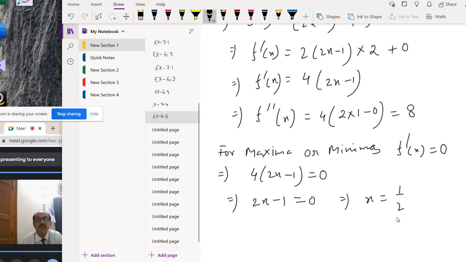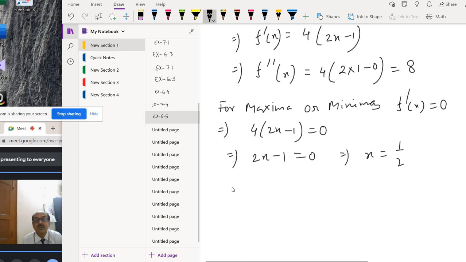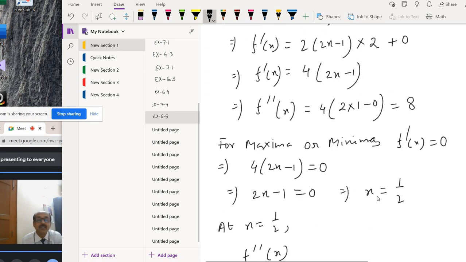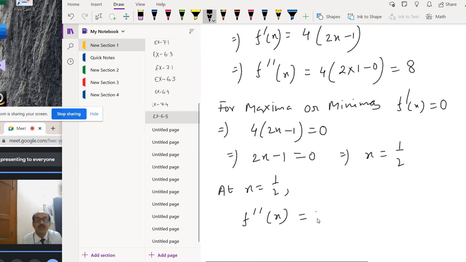At this point, find the f double dash x value. f double dash x equal to 8, 8 only, no x is there. So it is greater than 0.